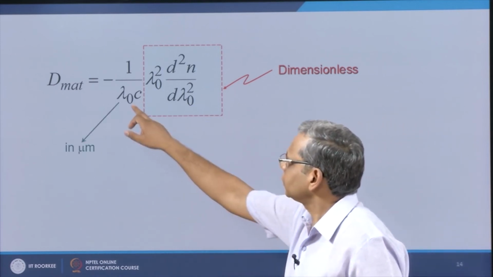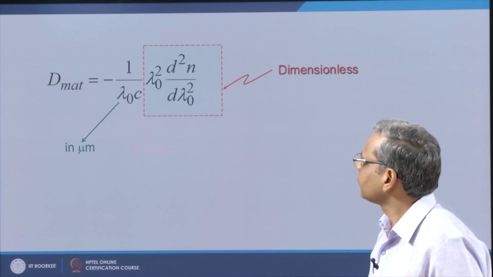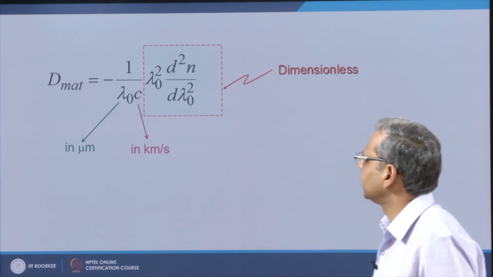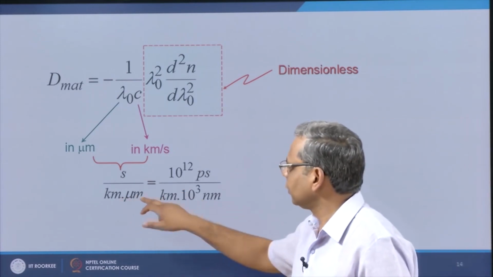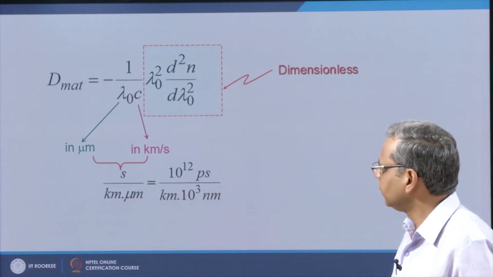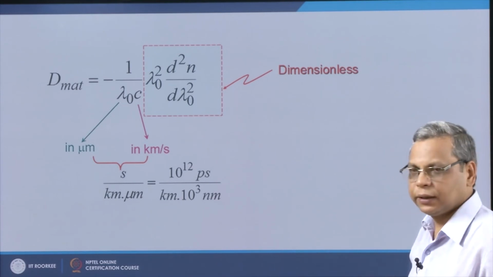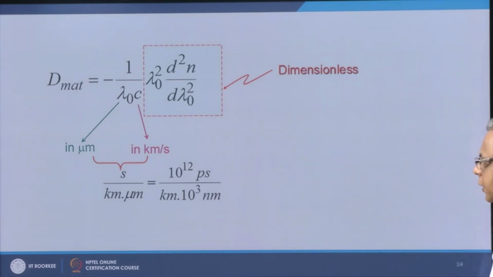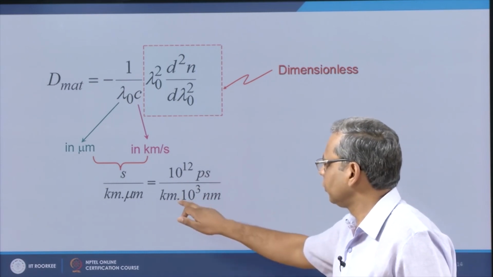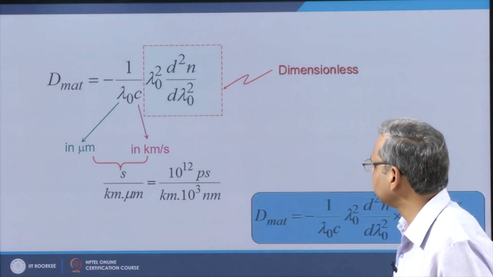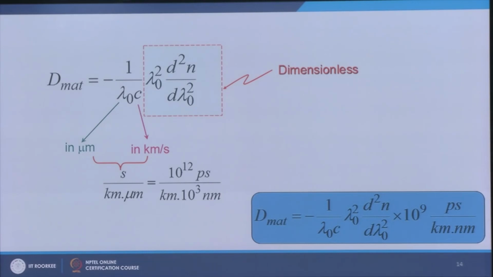So, let me express lambda naught in micrometer and C in kilometers per second, then the dimensions would be seconds per kilometer times micrometer, and let me convert it into picoseconds per kilometer nanometers. So, this would be 10 to the power 12 picoseconds per kilometers times 1000 nanometers. So, it would simply be this much times 10 to the power 9 picoseconds per kilometer nanometer.